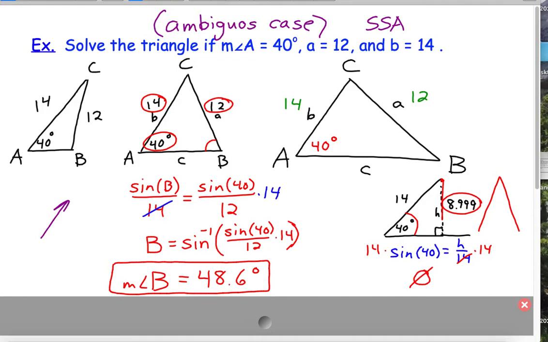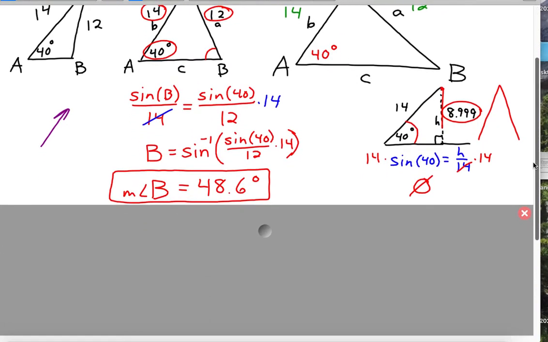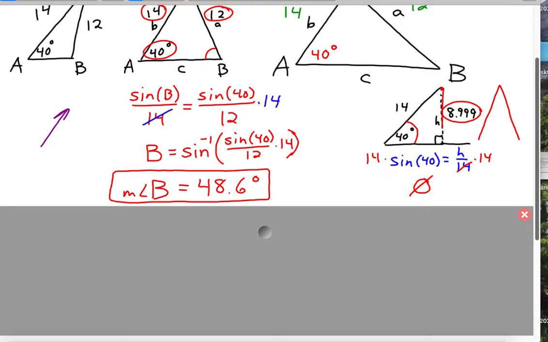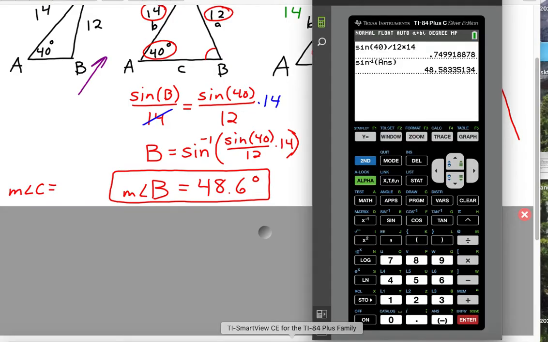And if I have angle A and now I have angle B, I can figure out angle C by subtracting the other two from 180. I'll have to do that over here. So the measure of angle C is going to equal, since I have that angle on my calculator, let's do 180 minus that last answer, and then minus angle A, which they gave us as 40.